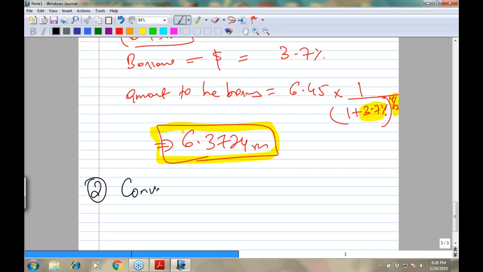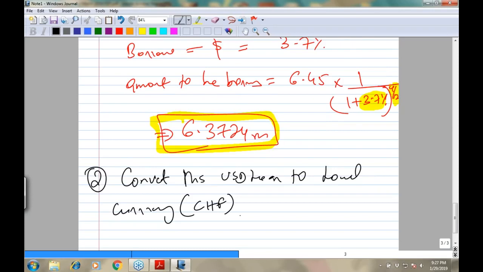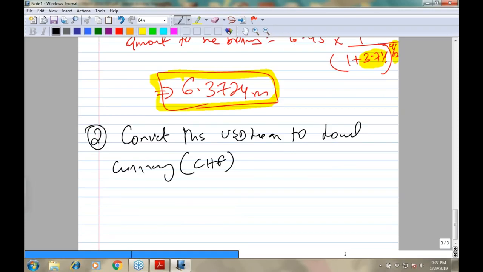Now we are going to convert this USD loan to local currency, which is the CHF. How exactly are we going to convert it? We take the 6.3724 million and divide it by the exchange rate. What is the exchange rate? We need the spot exchange rate.